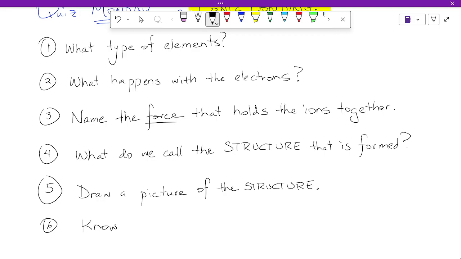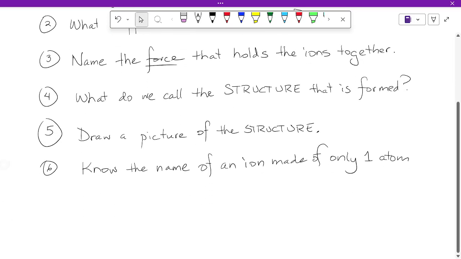You need to know the name of an ion made of only one atom. You need to know the name.